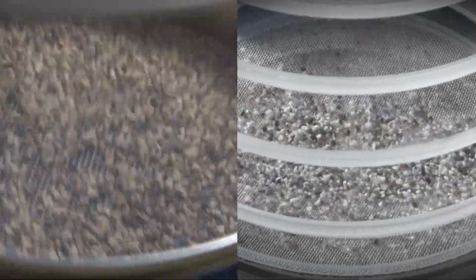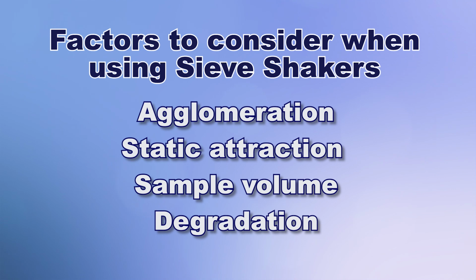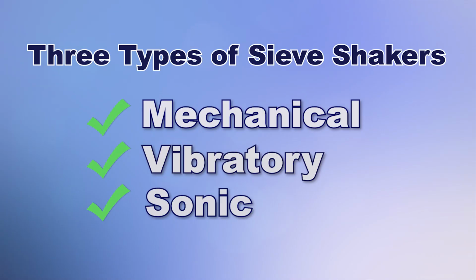Particles react differently to different mechanical actions. It is also important to consider these other factors when sieving. With all these factors to consider, how do you know which sieve shaker is most suitable for your purposes? Let's take a closer look at the different shaker types.